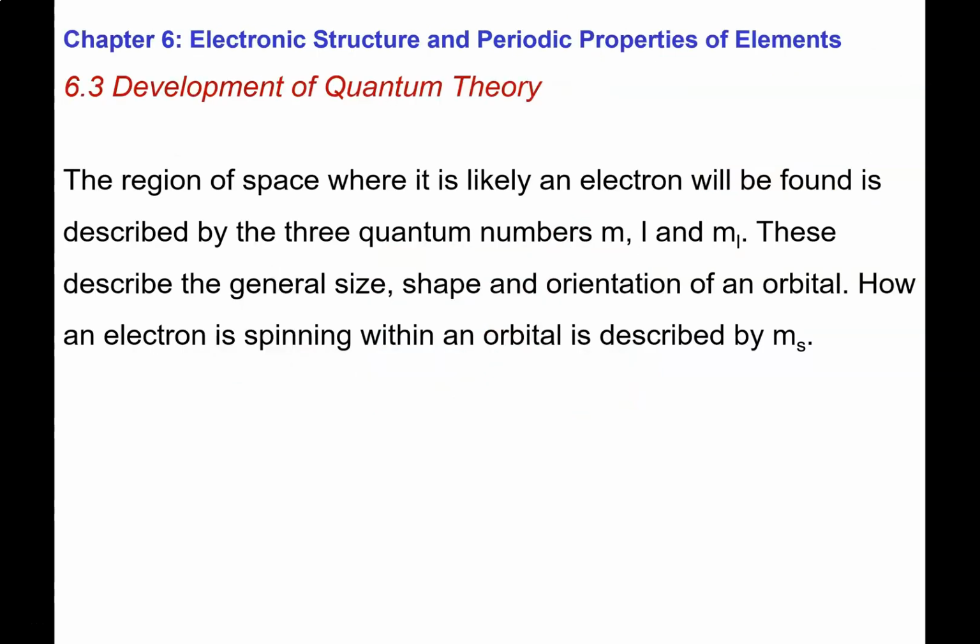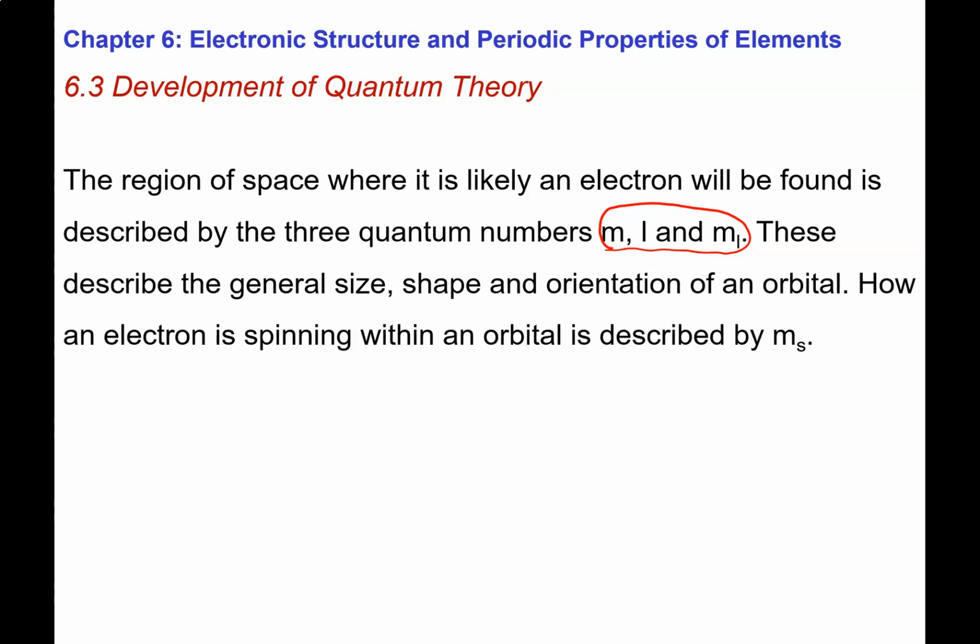Okay, so the region of space where an electron is likely to be found is described by 3 quantum numbers, n, l, and ml. And these are quantized values. They can only have certain specific values, and there are rules for deciding whether you have a valid set of n, l, and ml.